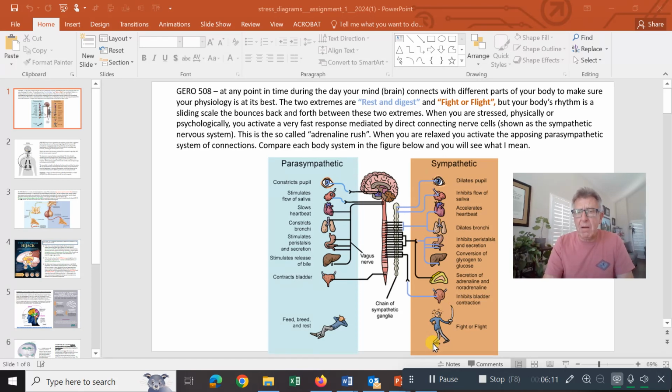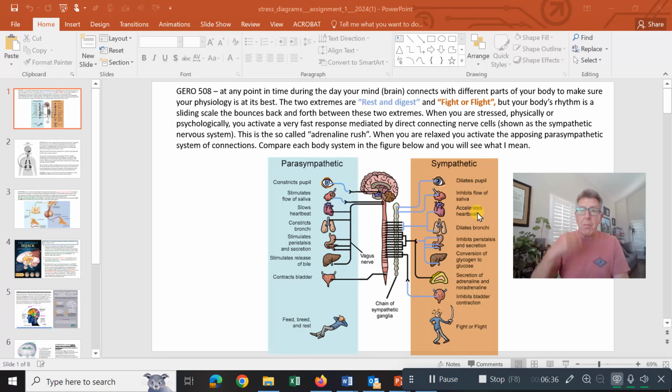Okay? So during this fight or flight response, this adrenaline rush, okay, we dilate our pupils, okay? We stop the flow of saliva. We're going to accelerate our heart rate because we need to get the blood to our skeletal muscles so we can run, get the blood to our heart so we can beat faster, and get the blood to our brains so that we are at our peak in terms of processing what's going on, okay?